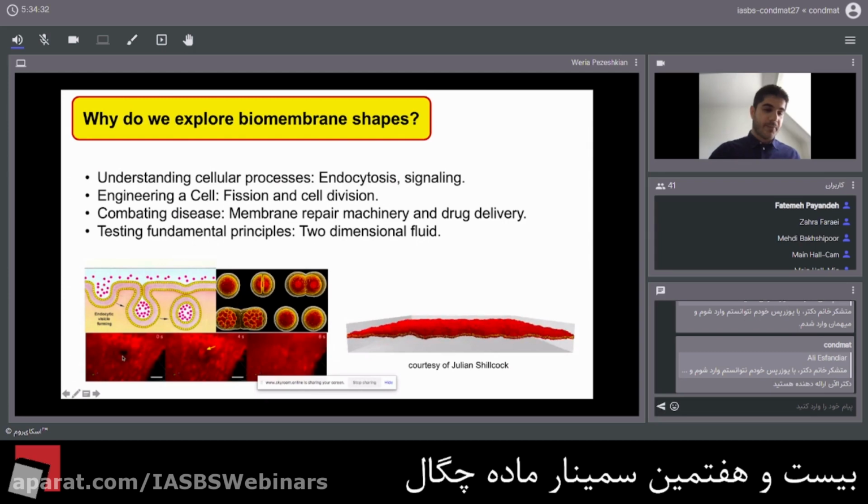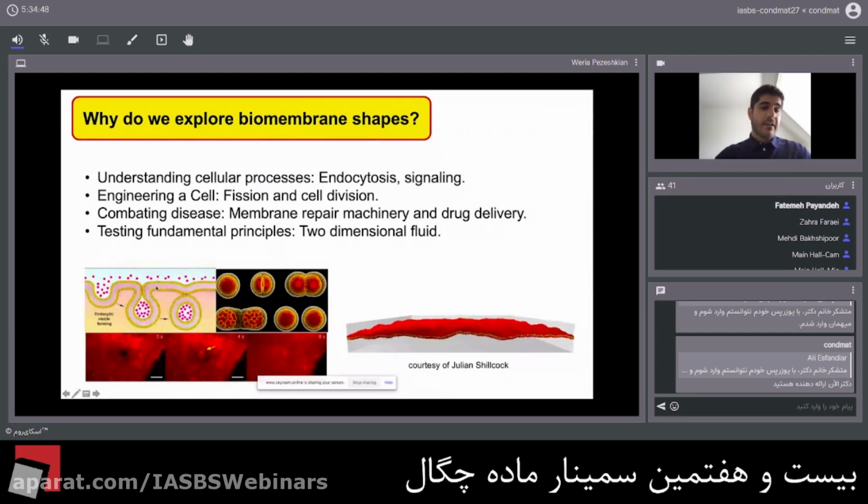But here in the real cell, they quickly reseal, and then the cell again functions. So that's actually a problem for treating cancer cells, or destroying them, because they are very good at repairing themselves.